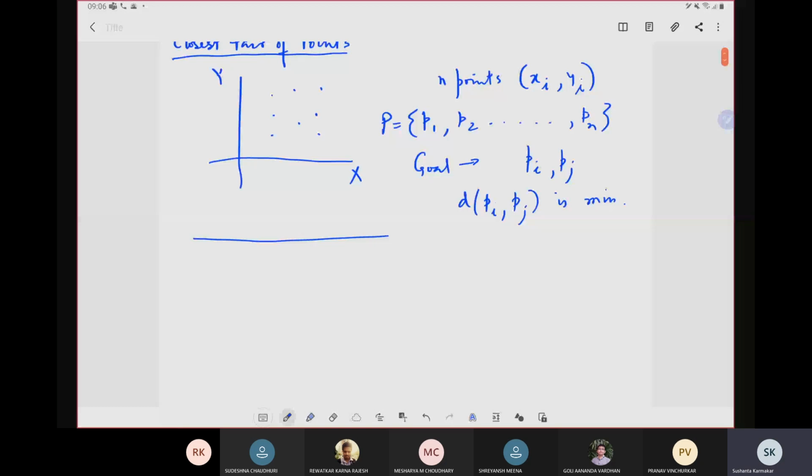Now, for processing of this entire thing, we need some assumptions or data structures. So what are the assumptions? Let us assume that P is the given set of n points.